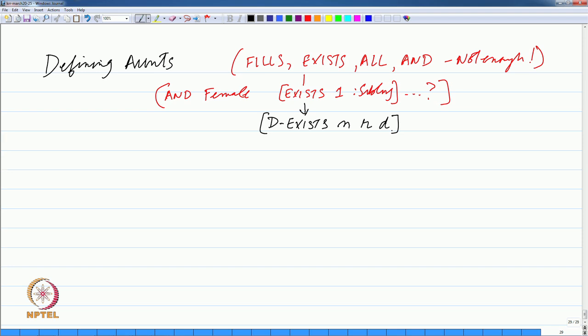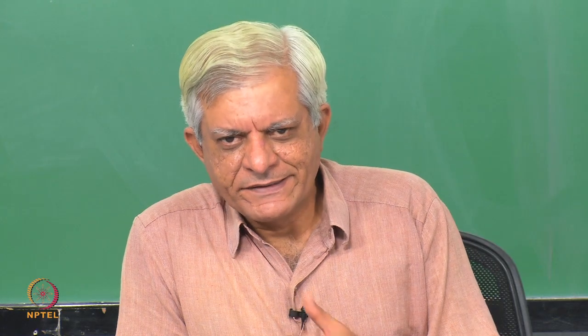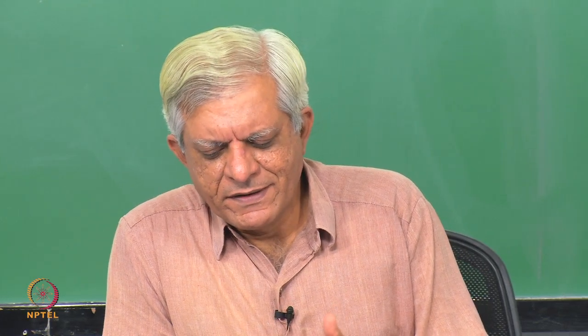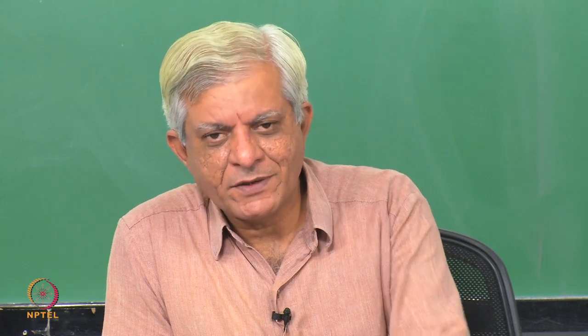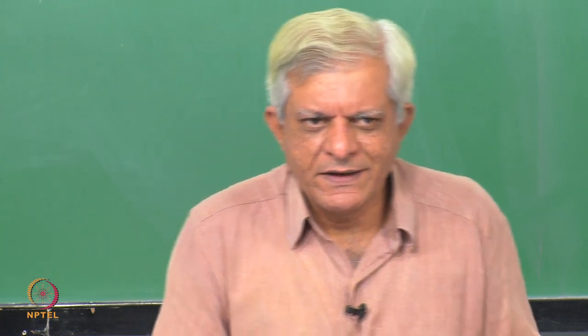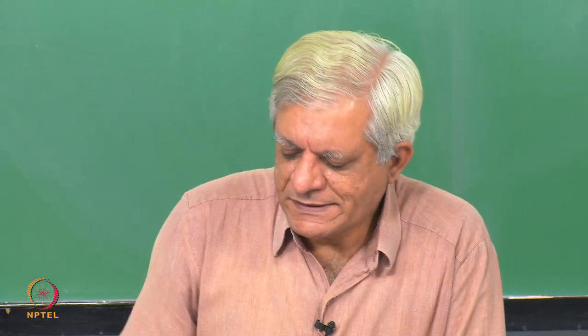Supposing we add this operator which says that you can define a class of people who have at least n role fillers which come from the class D essentially. Then you could say that you have at least one sibling who is a parent. But this is not part of our language, we are just trying to see whether it would help us to define the concept.